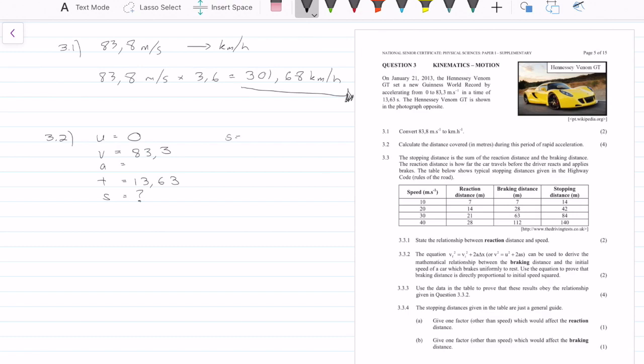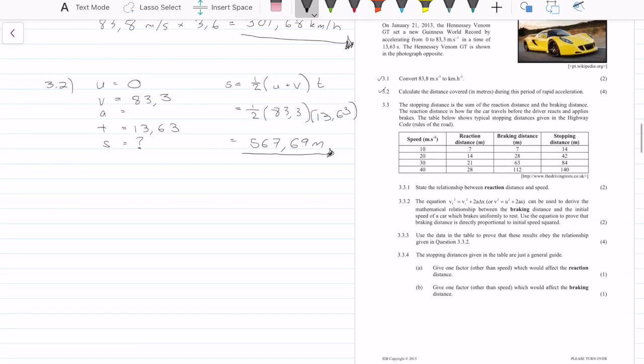We can use S equals a half (U plus V) T. So we have a half times (0 plus 83.3) times a time of 13.63. And this gives us a distance of 567.69 meters, which is the answer.